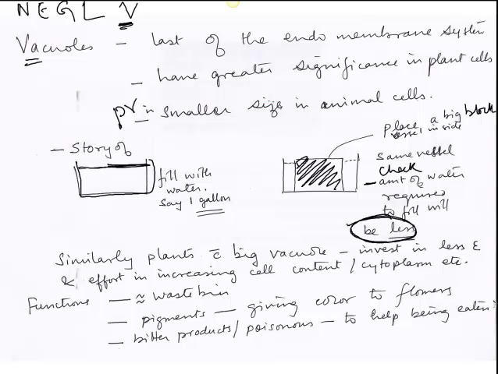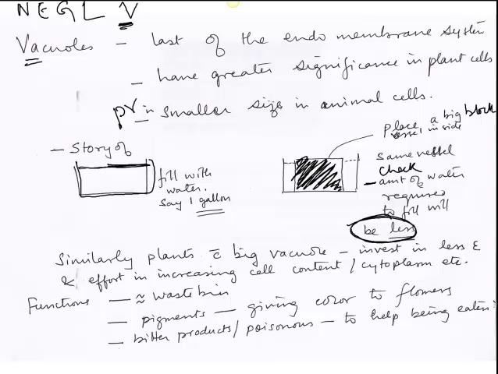Why? Because this block is occupying a greater volume, and so whatever the cell needs is only the area left over around it. So if a plant cell has a huge vacuole present in it, it does not have to invest a lot of energy, food material and resources to increase the cytoplasmic content.